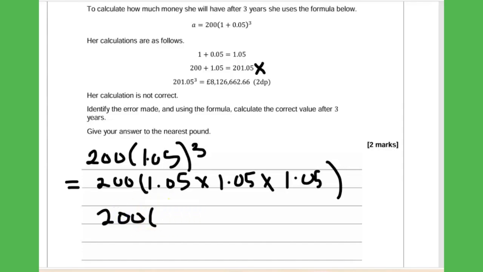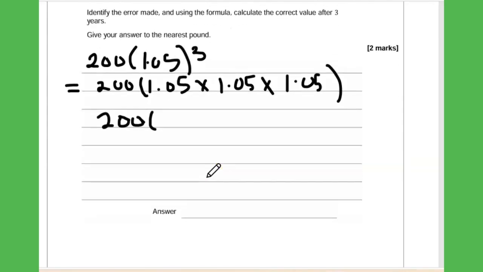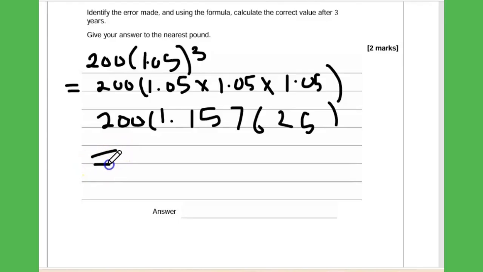And that would have been equal to, when we multiply this, what you're supposed to arrive at is 1.157625. You're multiplying this by 200, and that will be equal to 231.525.